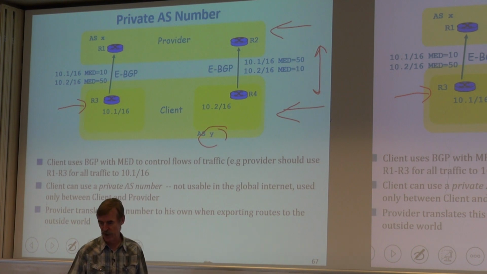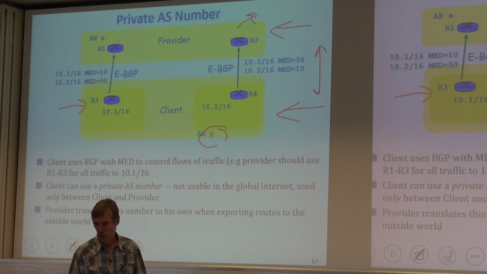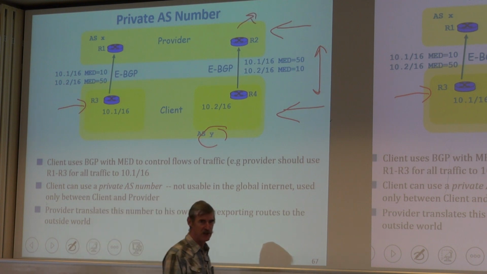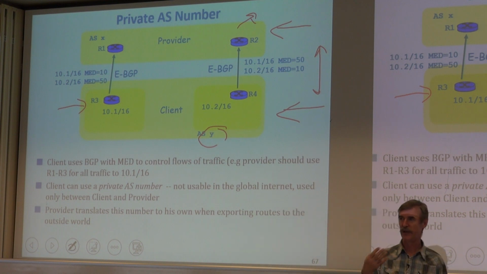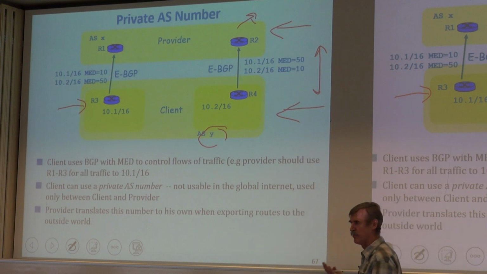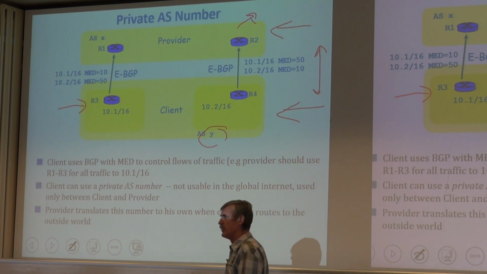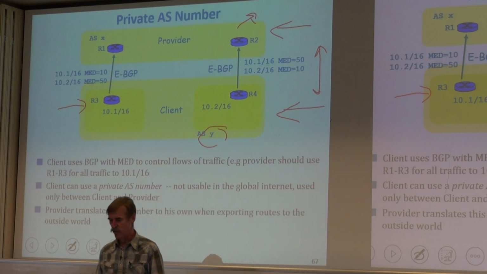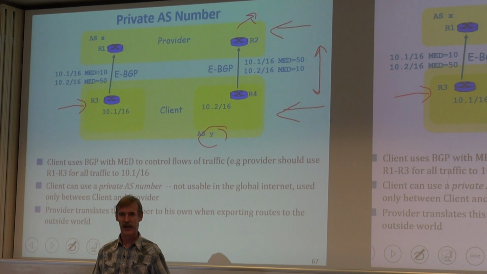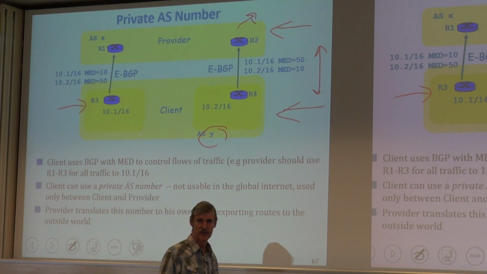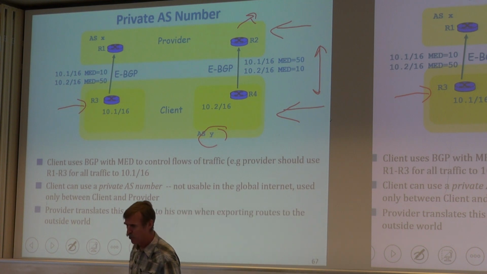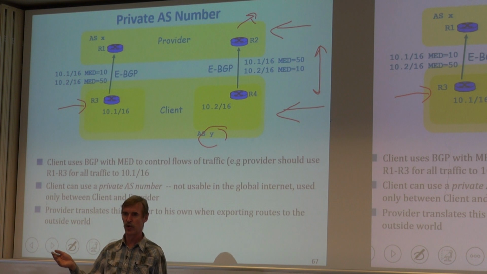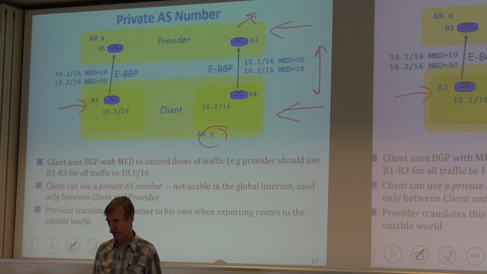And then the trick would be switch would hide this private AS number and replace it by its own AS number. So for the rest of the world, this does not exist. It's part of X. But this would allow us to run routing between X and Y that uses all the features of BGP. In particular, this multi-exit discriminator would allow, instead of going to the nearest point that goes to the core, to go to the best points that go to the core.